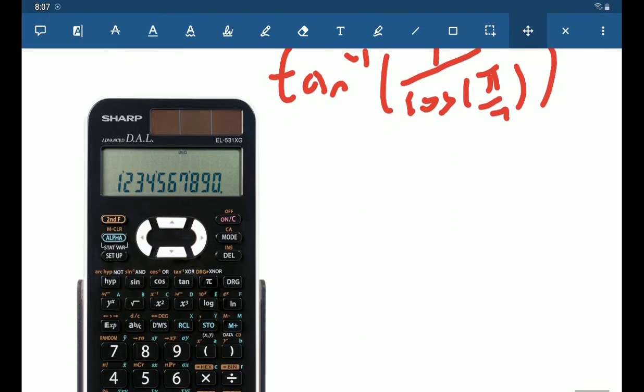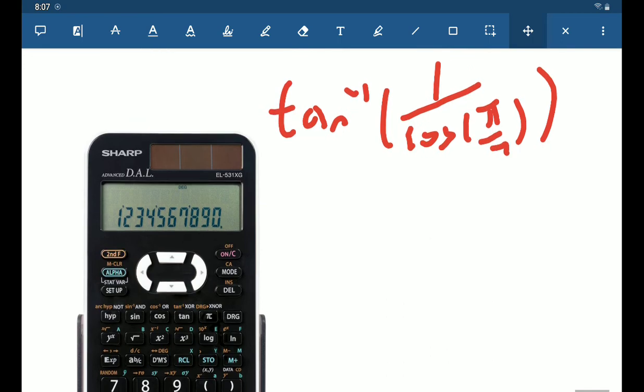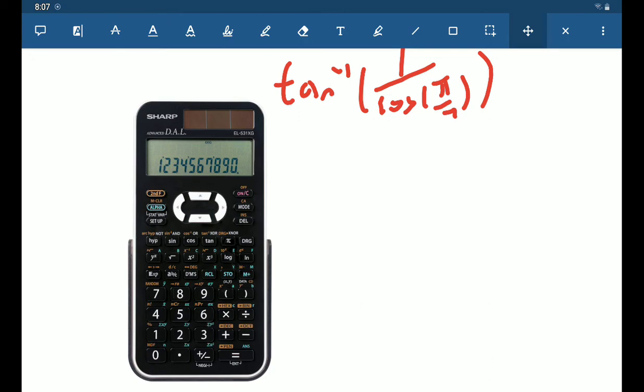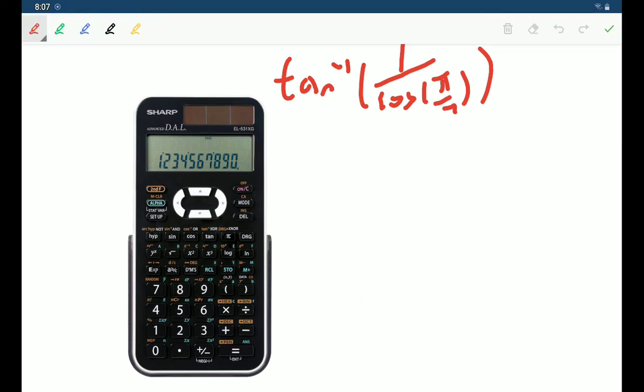So when I'm thinking about entering that into my calculator, the things that I'm going to have to enter will be a couple of things. I'll have to enter in, first off, tangent inverse. So I would do that as second function tangent. So now it's tangent inverse. And I want to put brackets because, of course, I want brackets around the 1 over cosine.